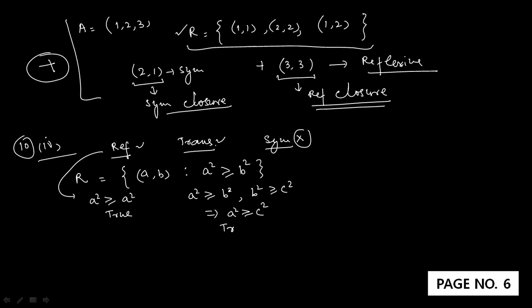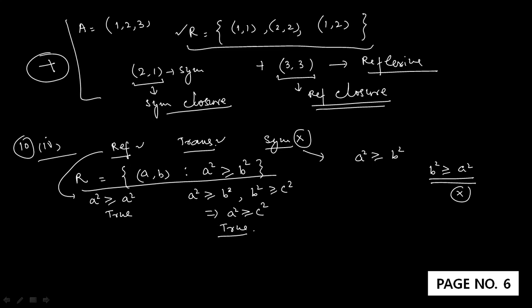This one is again true. Now what about the third condition, symmetric condition? If I am writing A square greater than or equal to B square, I can't write B square greater than or equal to A square. This one is not true. It means this relation is reflexive and transitive, but not symmetric.